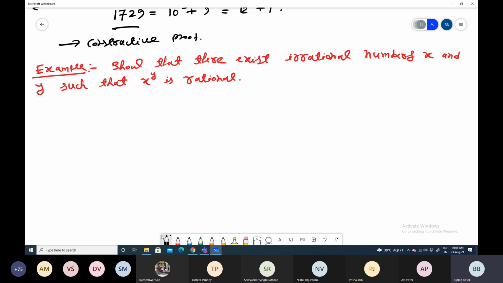And here also, it is not clear which irrational number it will be. Therefore, here we will give a non-constructive proof. So first of all, note that root 2 is irrational.